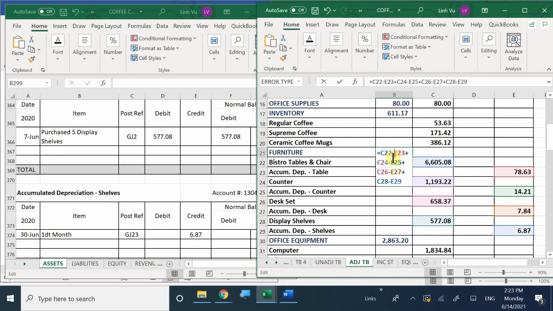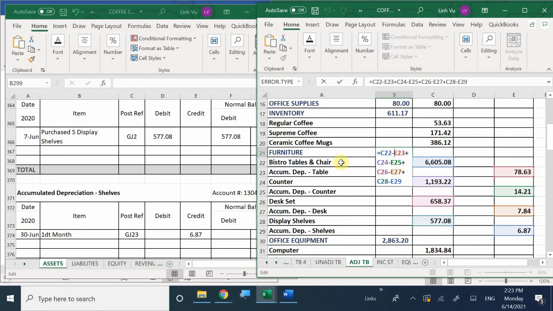Can I see that formula again? Mm-hmm. Hold on here. Why is mine different? Equals 822 plus 823. Are you adding them all? No, okay. Well, I did it one way and it didn't come out. At first I did equal sum of the debits minus the sum of the credits, and I got a different figure.